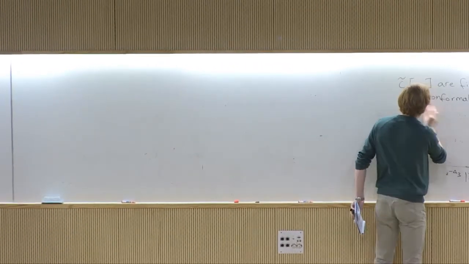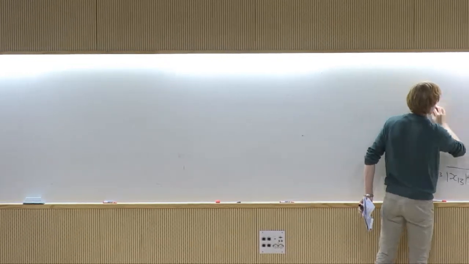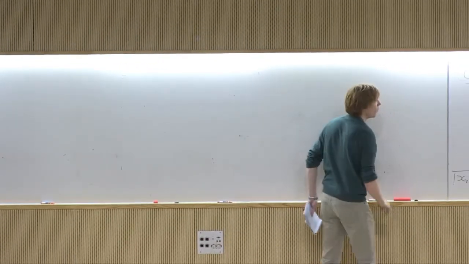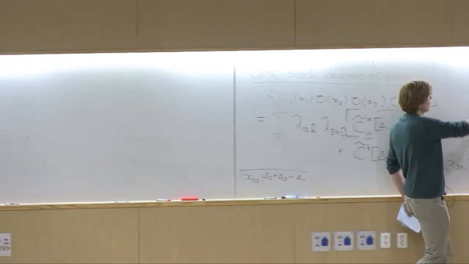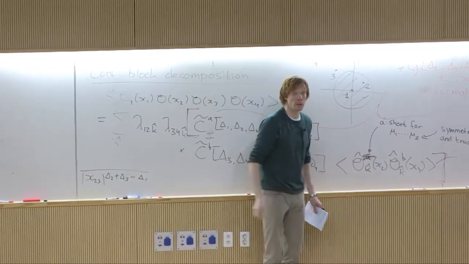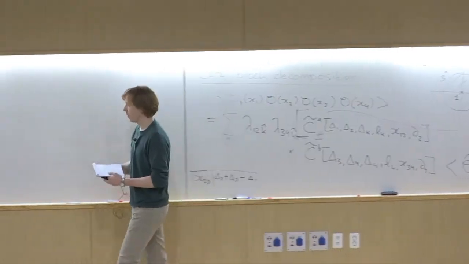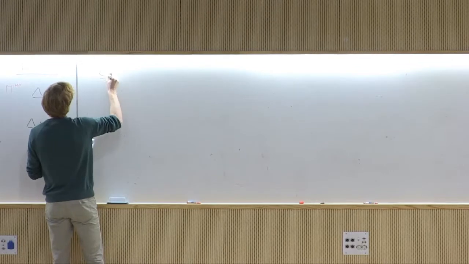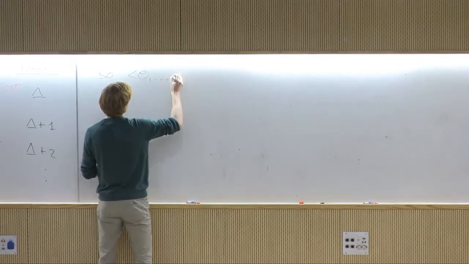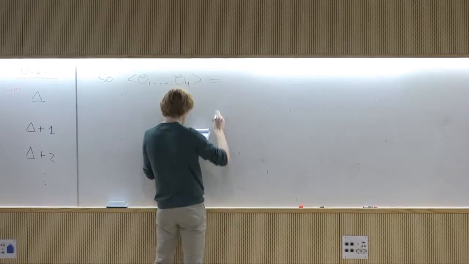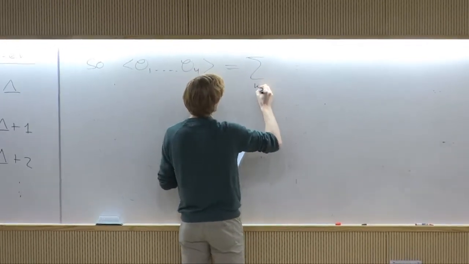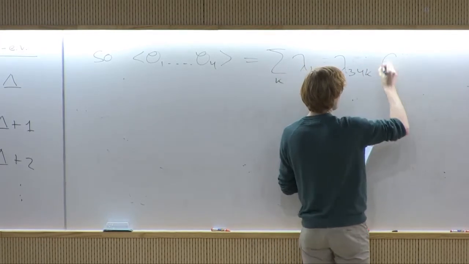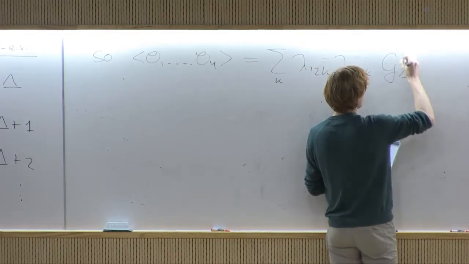And if I put my operators in the indicated configuration, where 3 and 4 sit outside the ball generated by 1 and 2, like so, then this is a completely convergent expansion. So, in short, O1 to O4 depends on lambda 1 2 k, lambda 3 4 k, g delta k, lk.